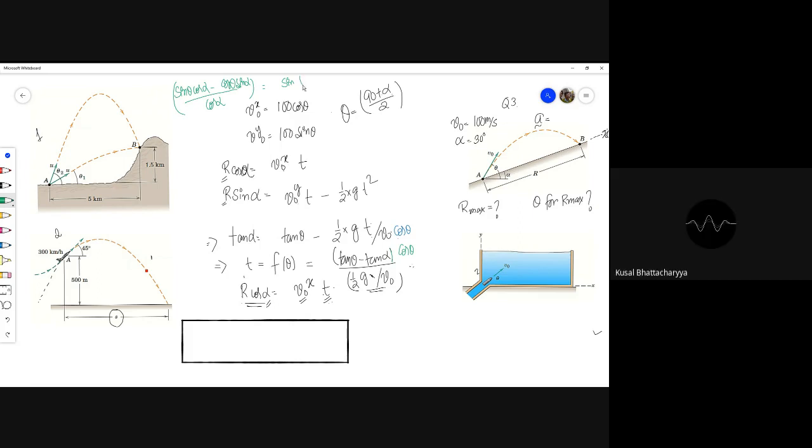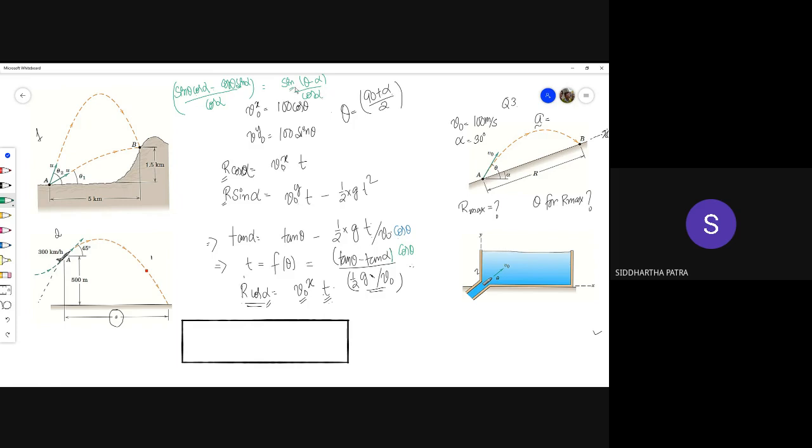Sir, I am getting 3 alpha by 2. Theta equals, no, I think it would be sine of theta minus alpha divided by cos alpha.